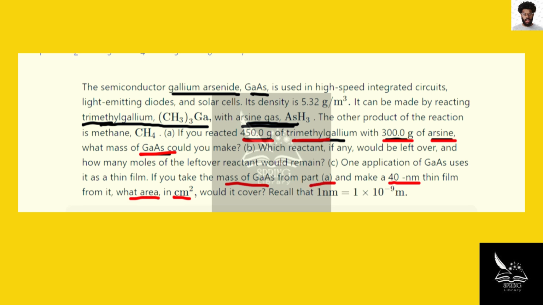So what we'll do, we have calculated the mass of gallium arsenide, and here we are given the density of gallium arsenide. So if we multiply the mass by the density, we will get the volume of gallium arsenide. And if we just divide the volume by the length of this thin film, we can find the area of thin film which will be covered by this mass of gallium arsenide.